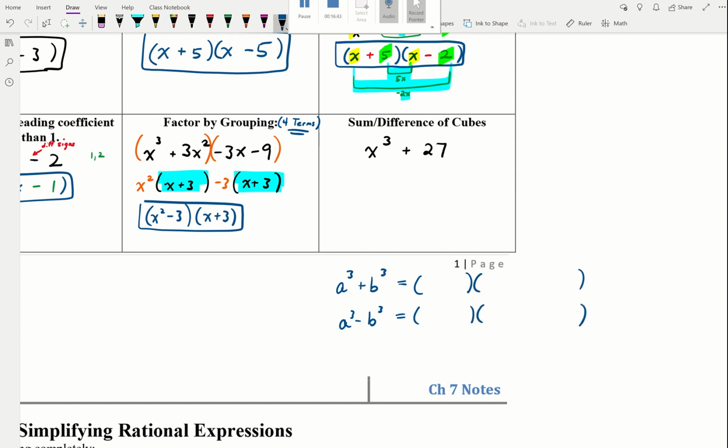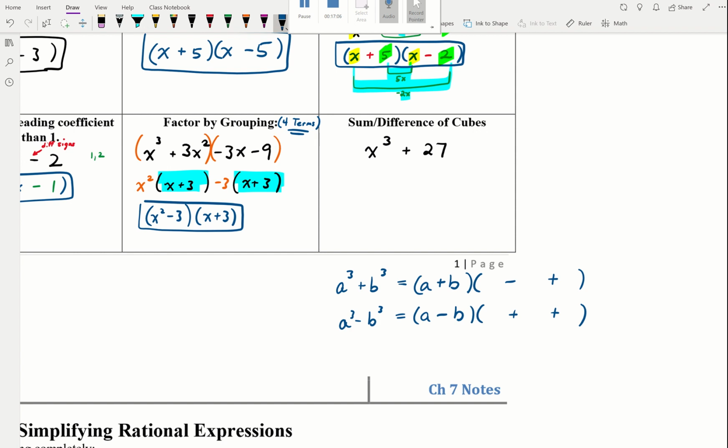And the way I always taught this was the signs go same sign, different, positive. So same sign, different, positive. And then what's going to go inside the binomial are the cube roots. So the cube root of a cubed is a, cube root of b cubed is b. So that's going to be true for both of those.